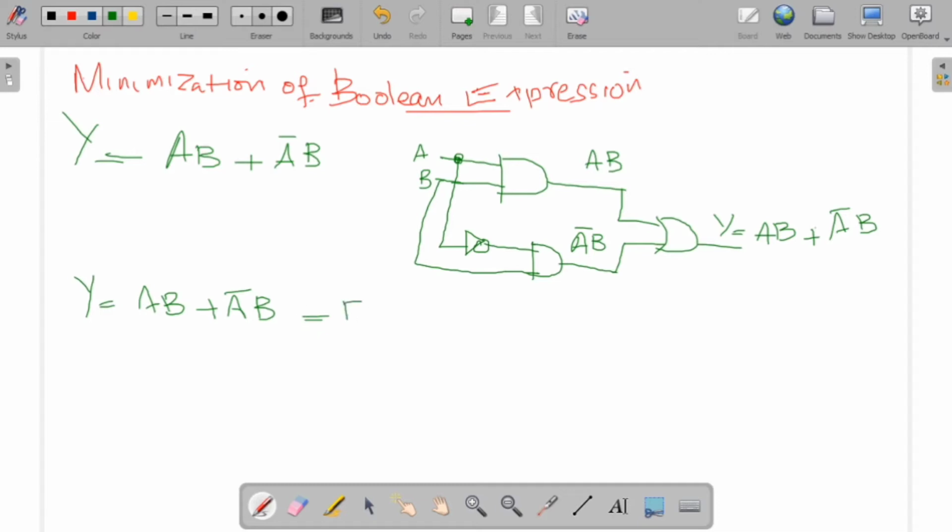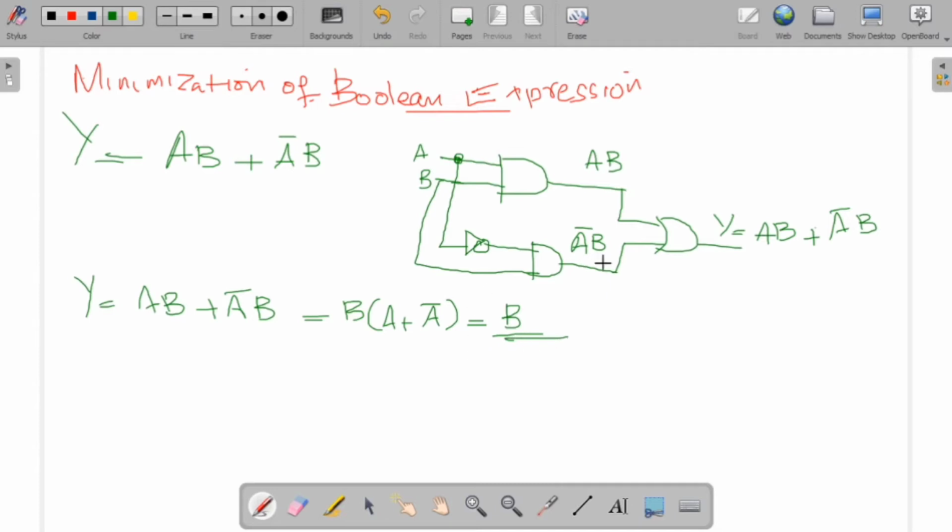Since b is common, b into a plus a bar. What is a plus a bar? We know from the laws or from the fundamental equations, a plus a bar is equal to 1. So the answer is b only.